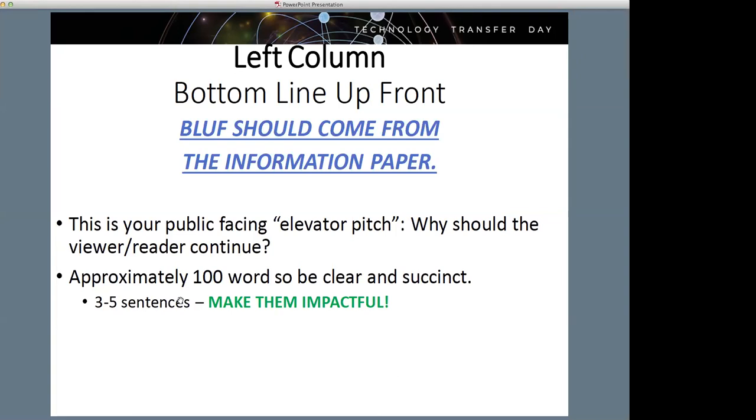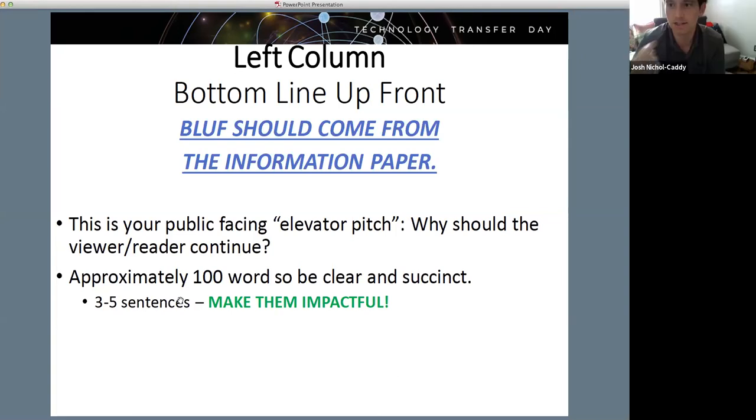So less technical probably in most cases, because you're just trying to get your foot in the door, and really focusing on that. Why does this matter to the Department of Defense? Why would this combatant command make this purchase decision or contracting decision or what have you? So that's the top of the left column.